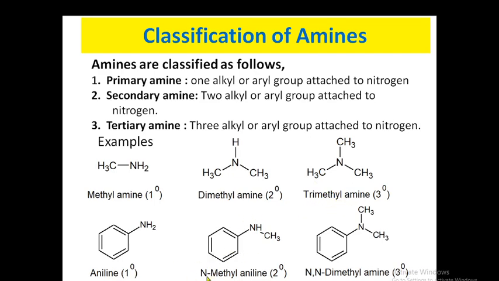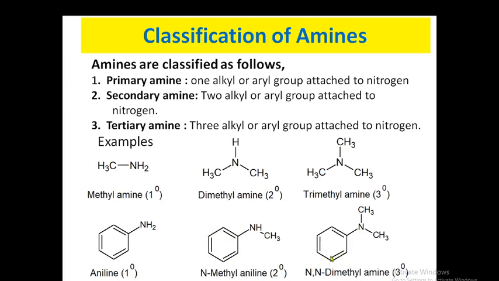If you are seeing here, it's N-methyl aniline. In this, nitrogen is attached to two groups, one is an aryl and one is an alkyl group. As it is attached to aryl group, preference is given to the aryl group, and therefore it comes in the aryl amine category.